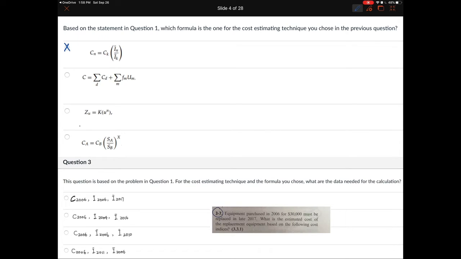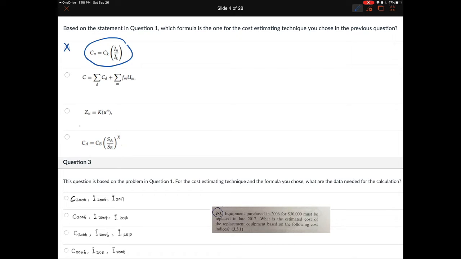For the cost estimating technique and the formula you chose, what are the data needed for the calculation? If you correctly chose this equation, you want to know the cost of that equipment in different years, and the indices in different years, right? But the years are the tricky thing.